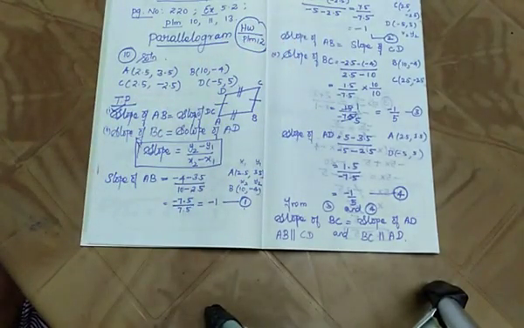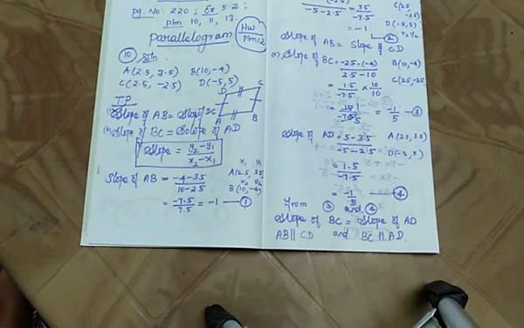So 4 points are given. You have to show that it forms a trapezium. The trapezium conditions are already given to you. Watch that and work out the problems. If any doubt is there, you can ask in the Zoom class time.